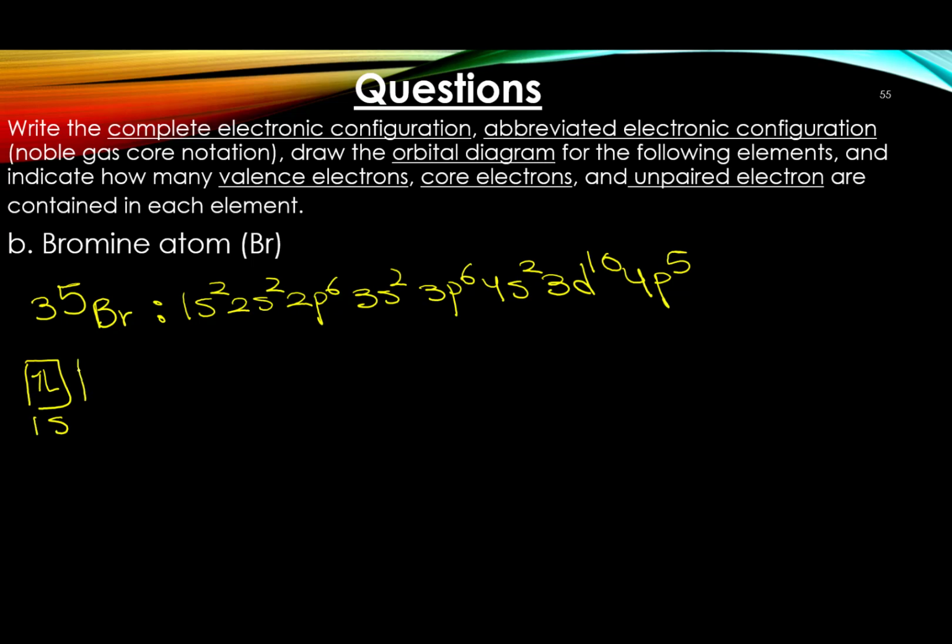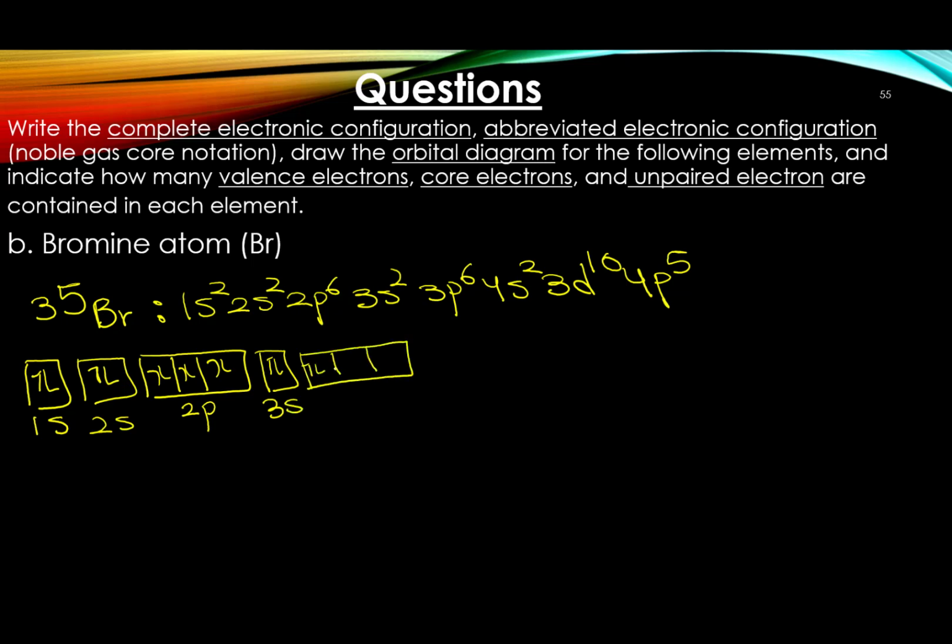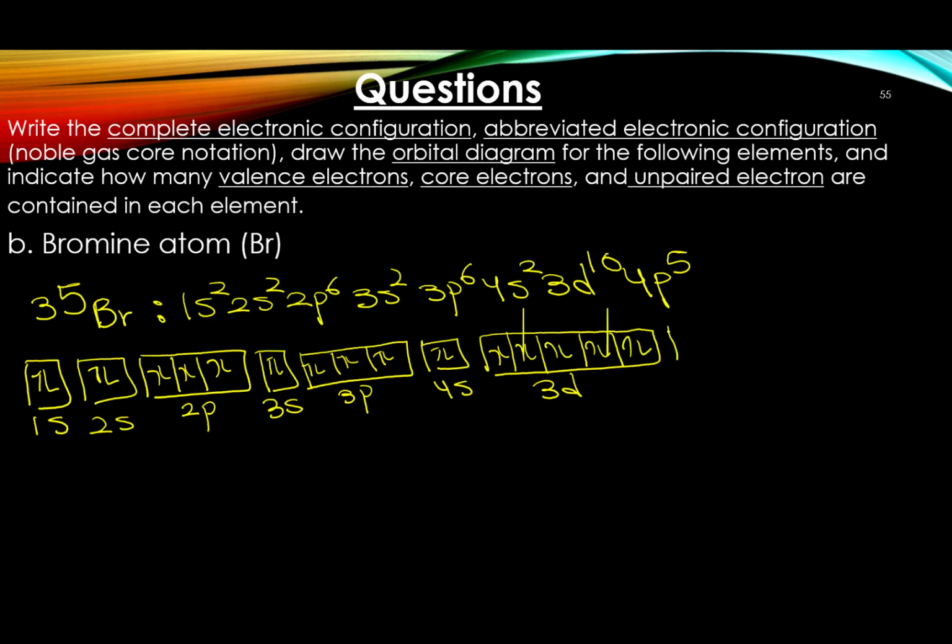It's 1s2, 2s2, 2p6, 3s2, 3p6, 4s2, 3d10, and 4p5.